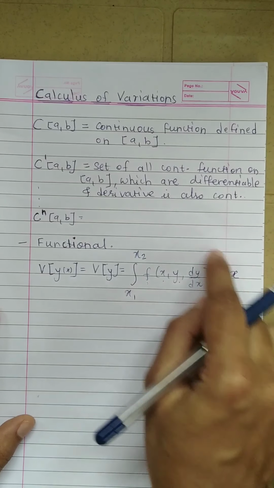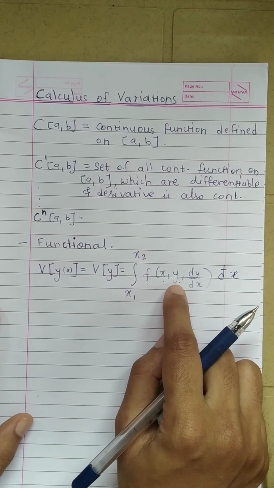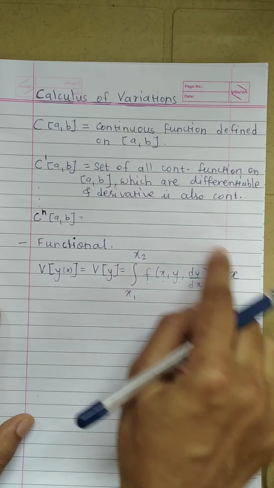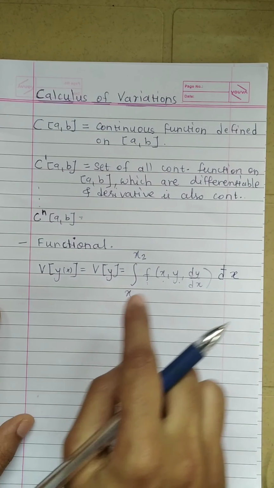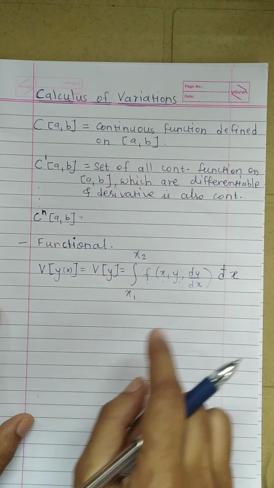Suppose we put y1 in place of y, then we will get one value here. Okay, this quantity will give us some value. Then if we put y2, then this quantity will give us some other value.